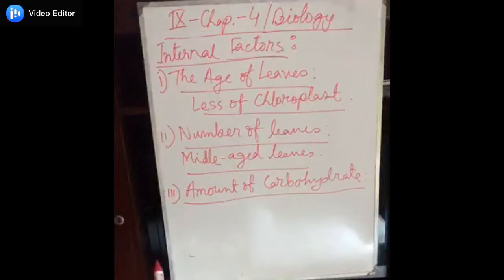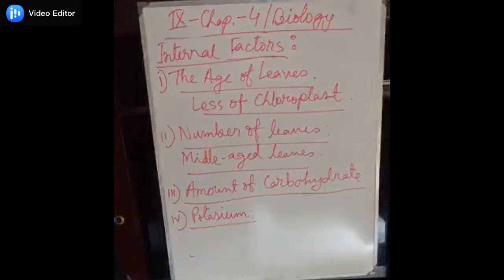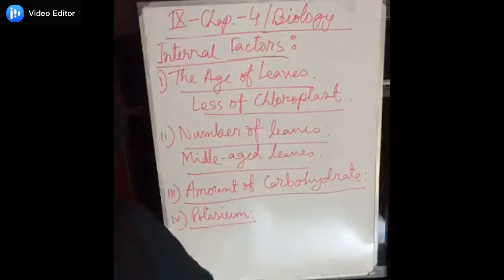Let's see the fourth point. Potassium is another kind of inorganic component that works as a catalyst.